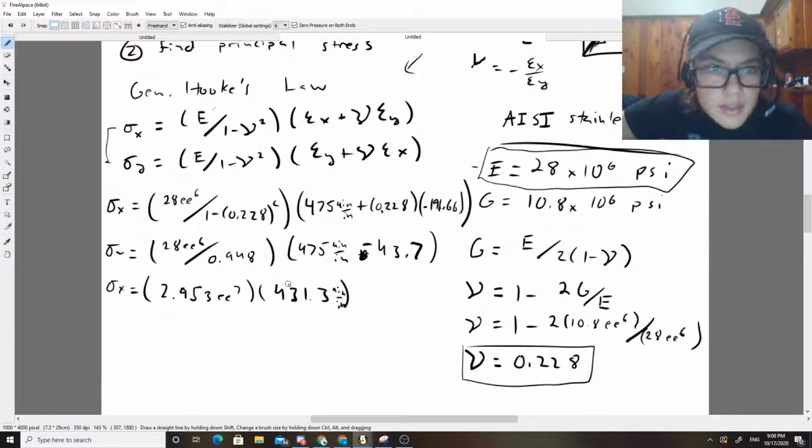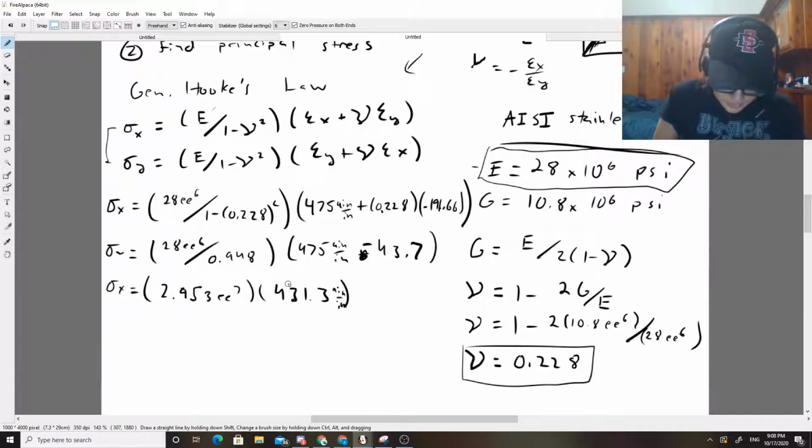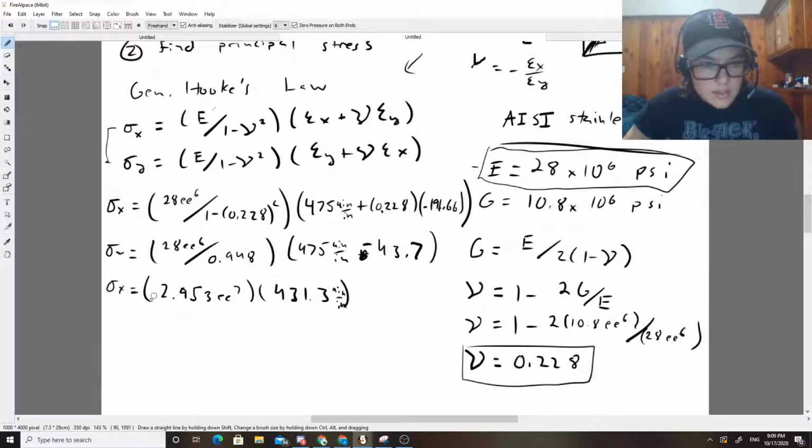And from there, I can multiply that times 2.953 E to the 7th, and that's going to give us a pretty big stress, actually. It's going to be equal to 1.2736 E to the 10th.